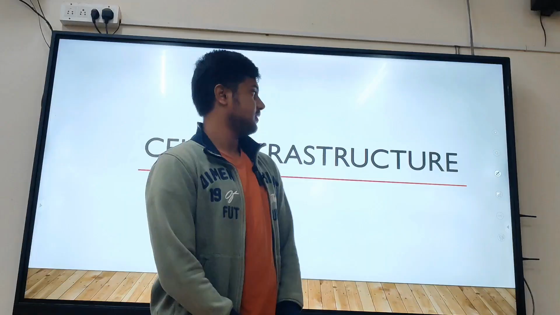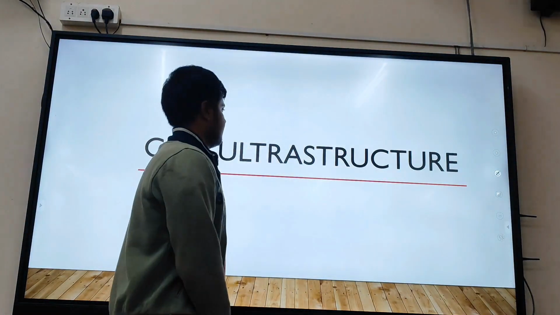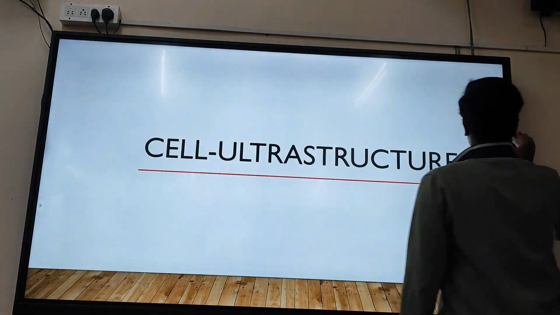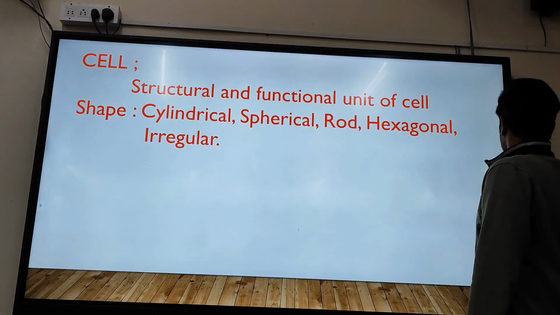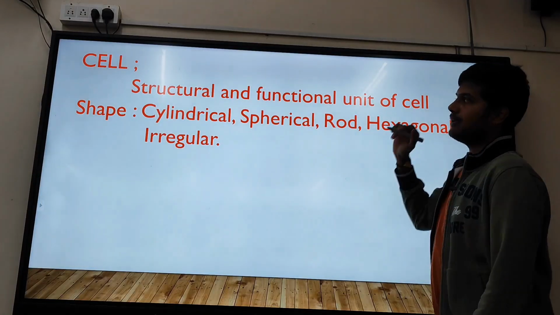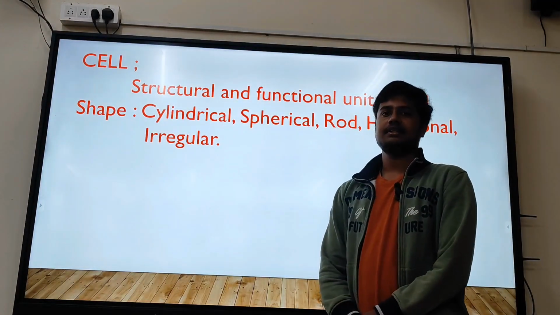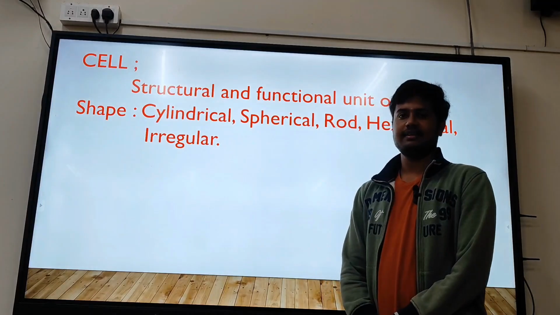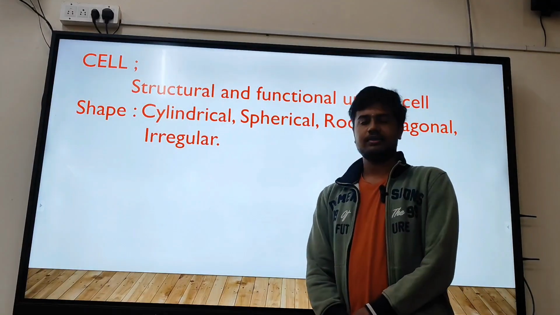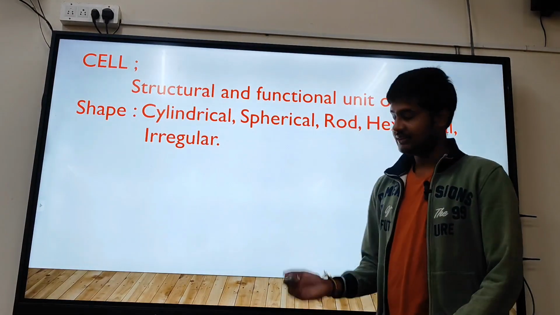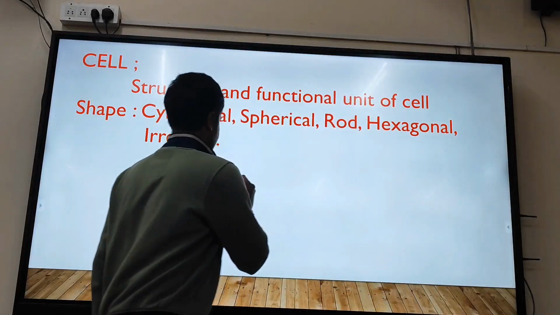Today let's discuss cell ultrastructure. You know what a cell is. It is the structural and functional unit of living organisms. The diameter of a cell is 0.2 to 0.5 micrometer.